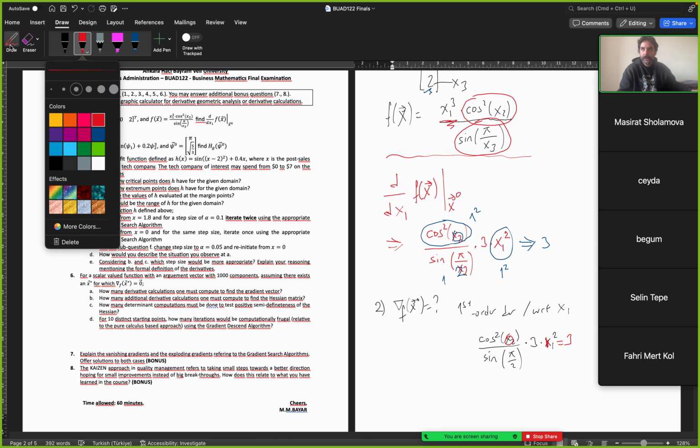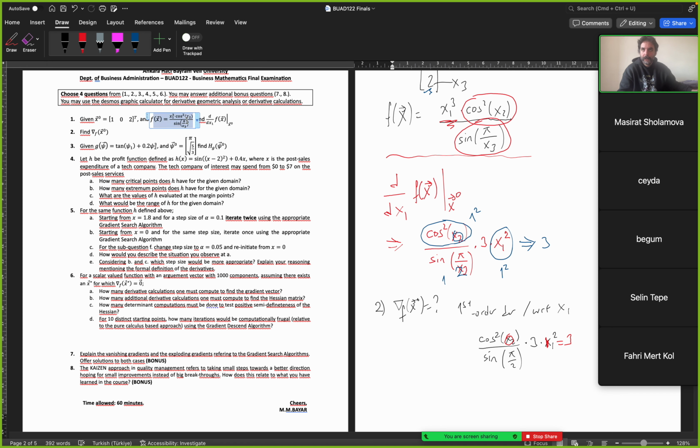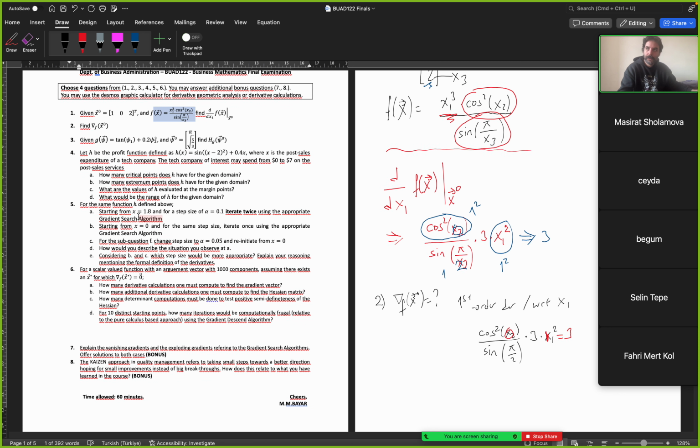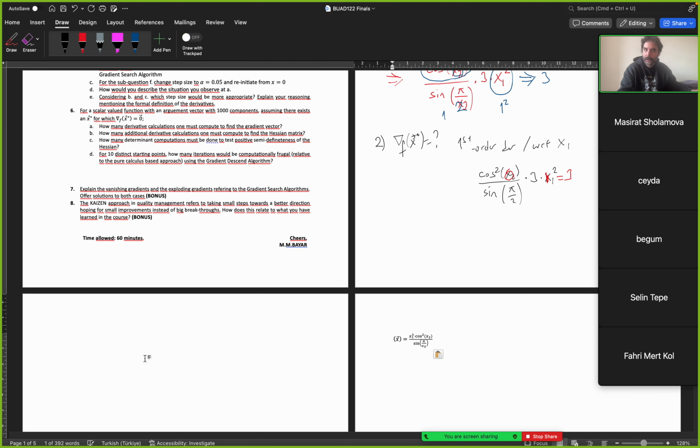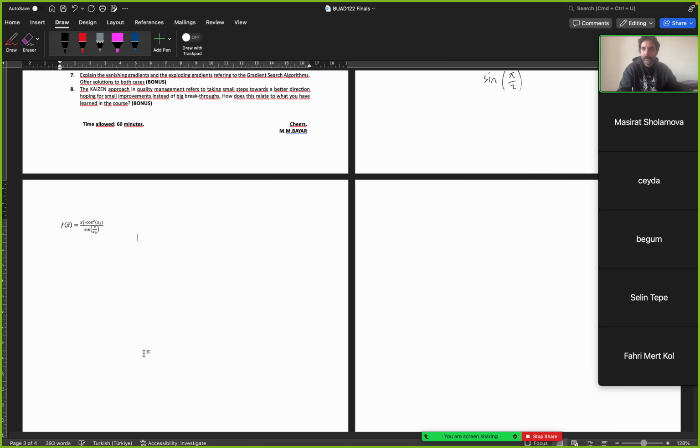And then let's continue. I'm sorry, I'll just copy this formula to this page below so I can continue nicely. So this is f of x, and now we should differentiate it with respect to x2. So now I'm going to compute d over dx2 of f of x evaluated at x0.